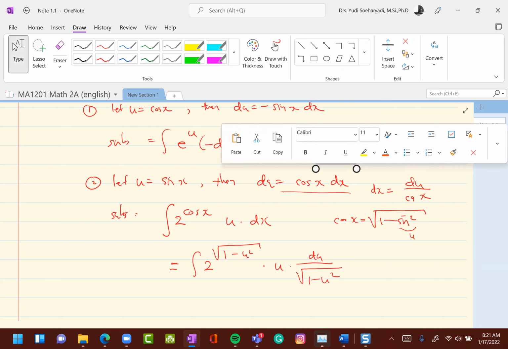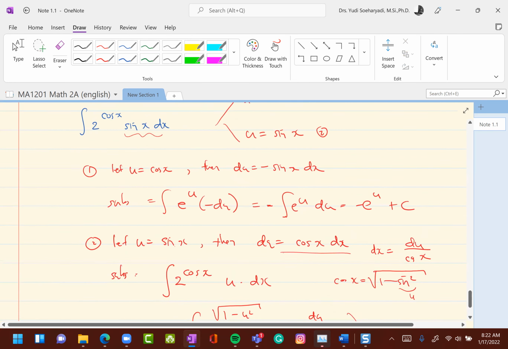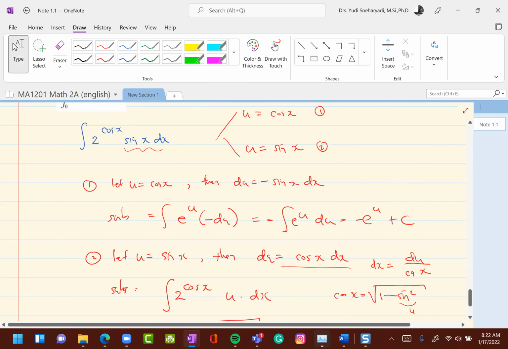The thing is, it's just getting ugly and complicated. So you don't want to use this one. Not that it is wrong, but this choice gives you a more difficult problem than the original one.